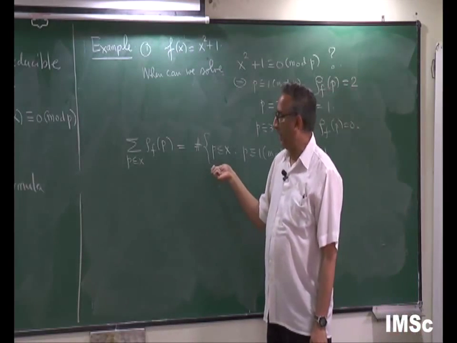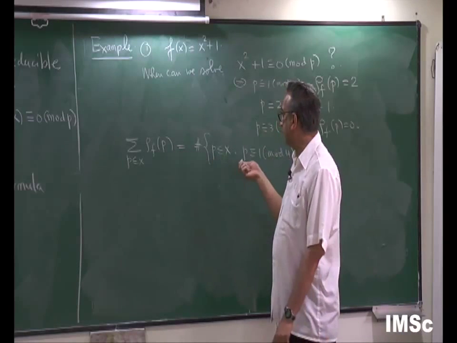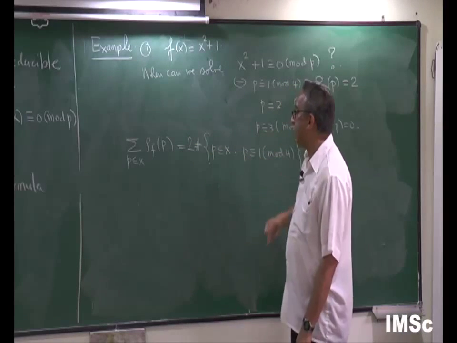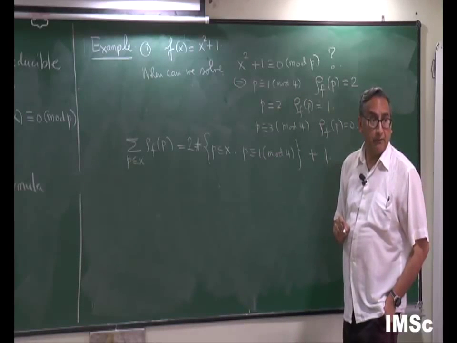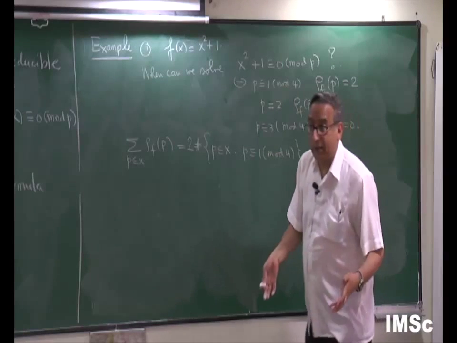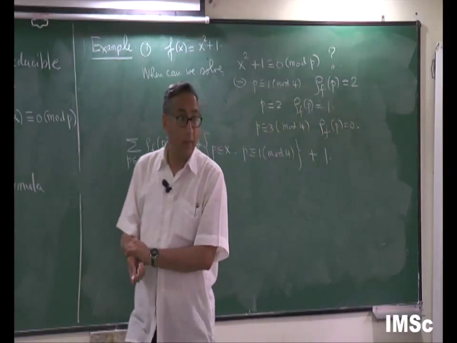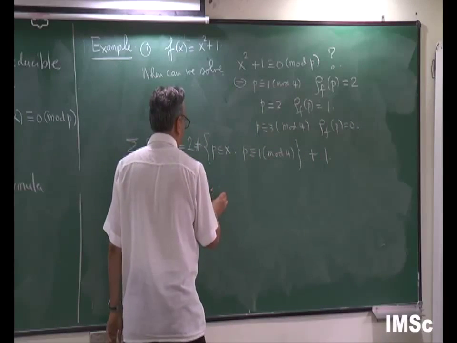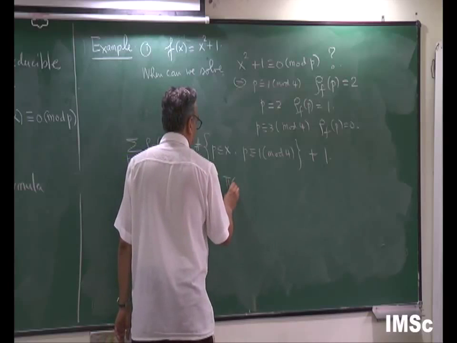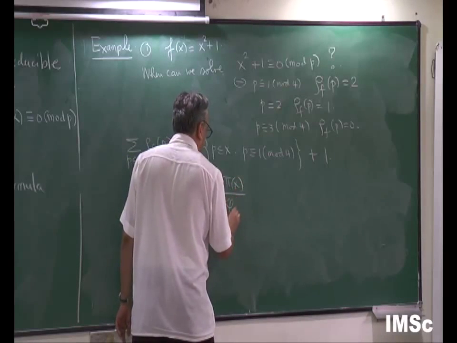To find an asymptotic formula for this is tantamount to, sorry, there's 2 times that, right? Is tantamount to calculating the number of primes congruent to 1 mod 4. But we did that. That was a special case of Dirichlet's theorem. We know that that's asymptotic to 2 times pi of x over phi of 4.